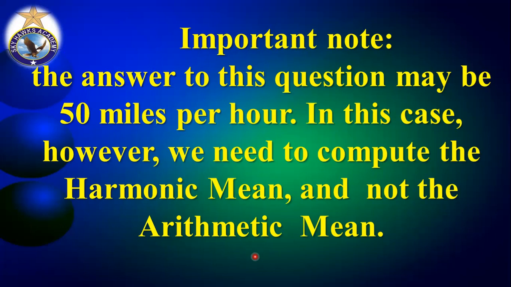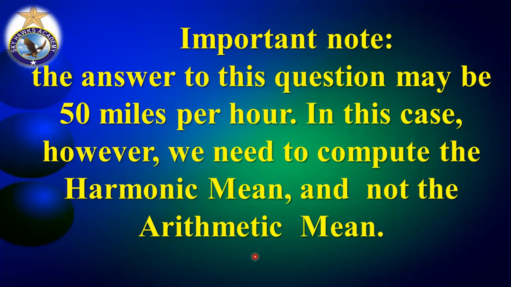That's why this formula is magical, because both options are there in the four choices. The first option is 50 kilometers per hour, the second is 48, the third may be any other one, the fourth may be any other. Out of these options, if 50 is also given and 48 is also given, maximum number of times, most students opt for 50.